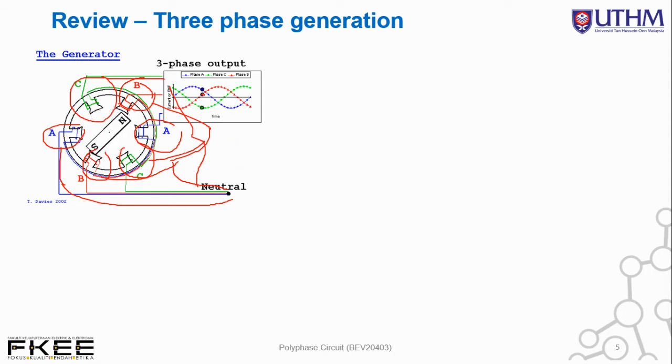The output, if we measure it as a sinusoidal waveform, is phase A, phase B, the second phase, as well as phase C, due to the clockwise rotation. S stands for south and N stands for north.